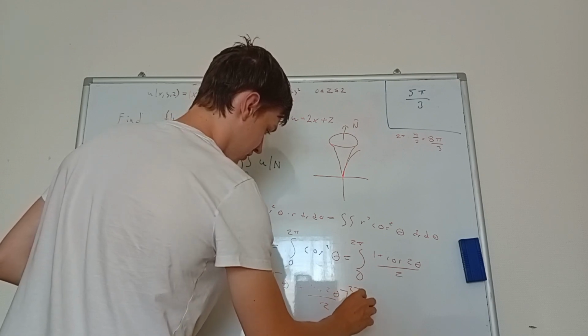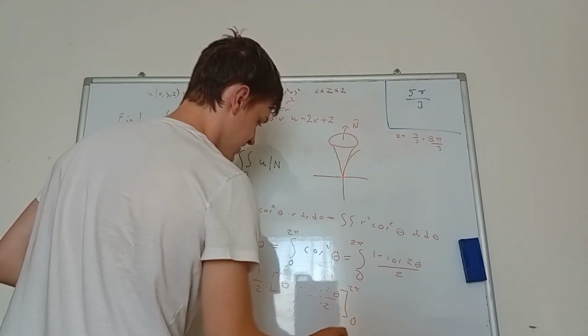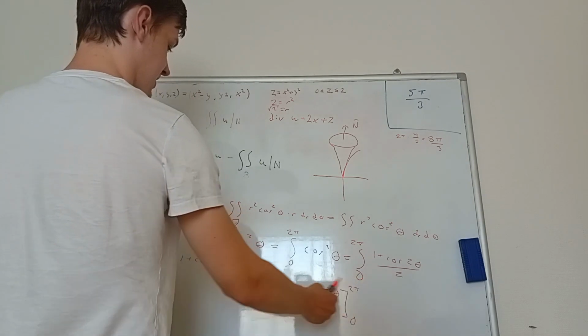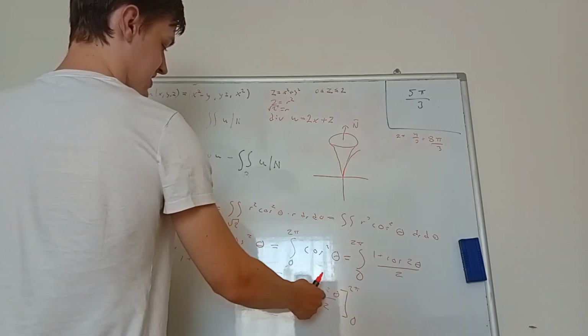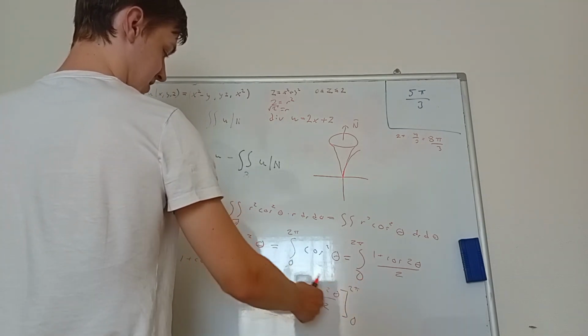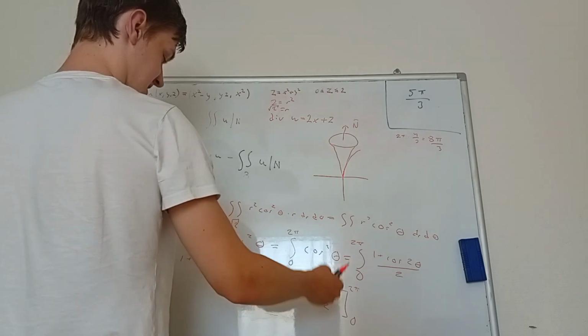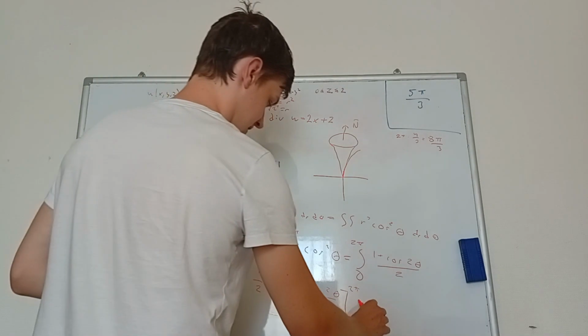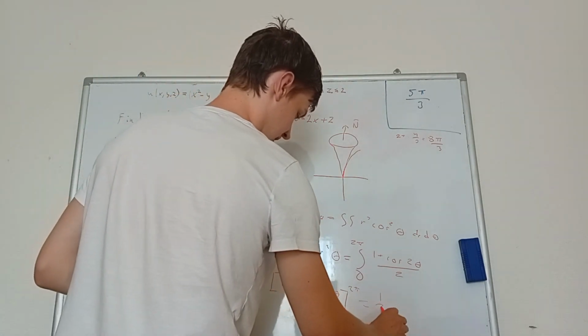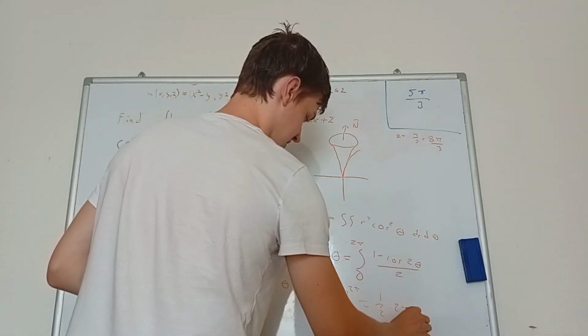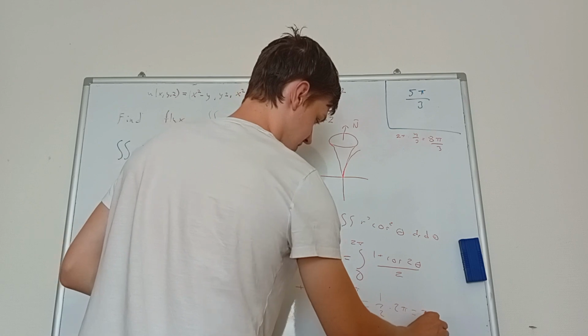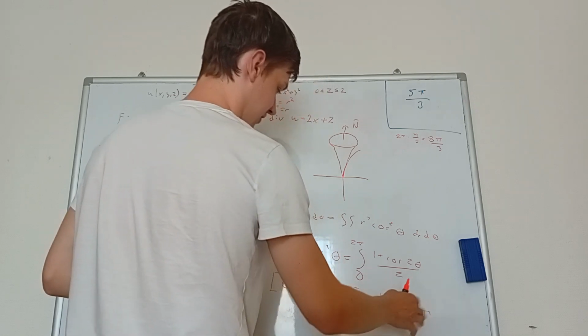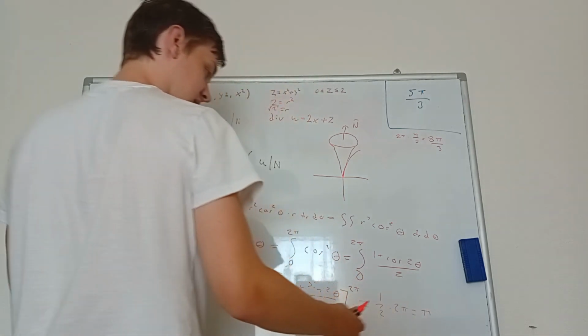And the borders were 2 pi and 0. So this component is 0, sine of 4 pi is 0, and sine of 0 is 0. So we just have this, and we have 1/2 in front. So we have 1/2 times 2 pi, which is pi.